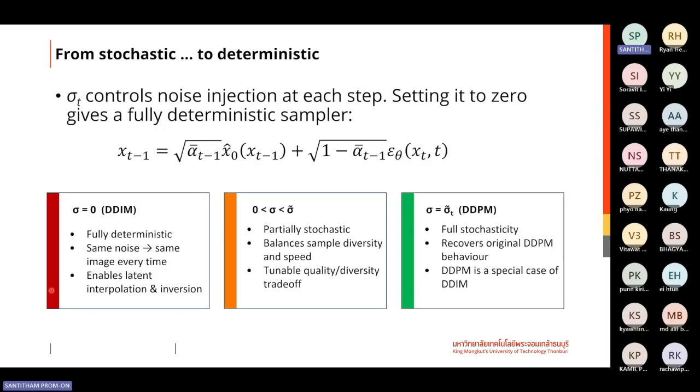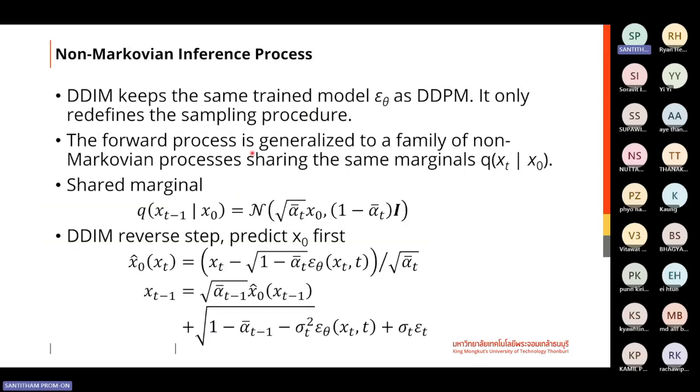But how are we going to do that? We will look at a way to do so. Sigma t here controls the noise injection at each step. So in this term, sigma controls the injection of the additional noise, epsilon t.